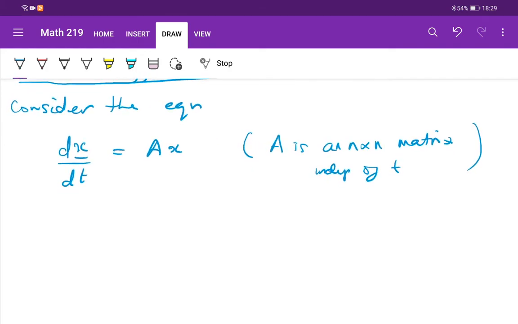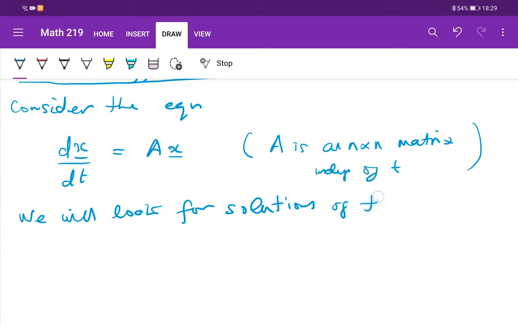So how do we find solutions? By analogy, in the case where n is equal to 1, solutions are exponential functions. So what do we expect here? We will look for solutions of the form x(t) equals v e to the lambda t, where v is a vector and lambda is a number.